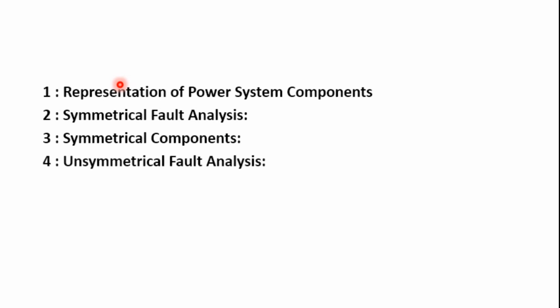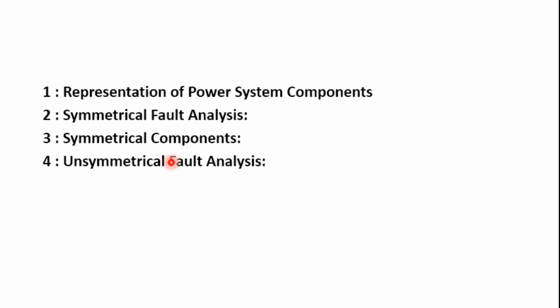Next module we have unsymmetrical fault analysis. We know that there are different types of faults in the system. Generally these are unsymmetrical faults, for example line to ground fault, line to line, double line to ground fault, and three phase fault. Other than this, we have different types of series faults, like one conductor open, two conductors open, and three conductors open.